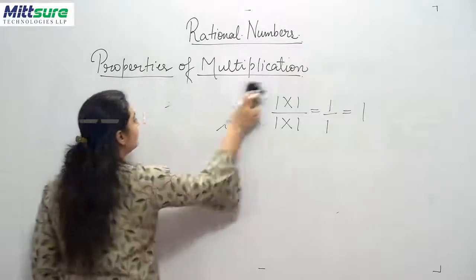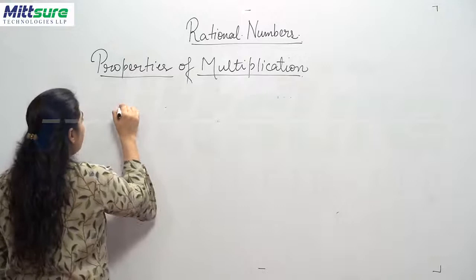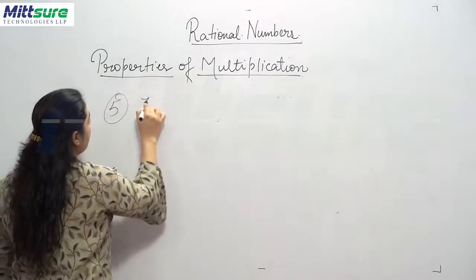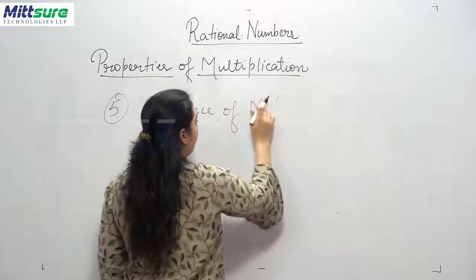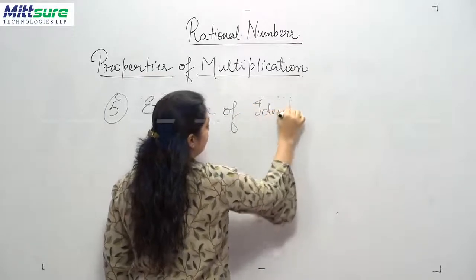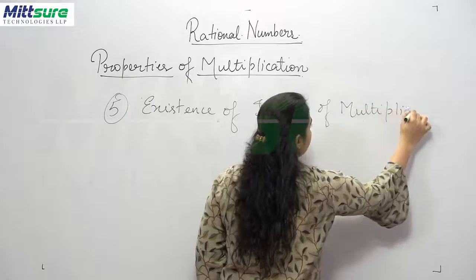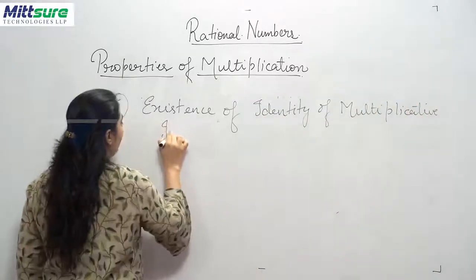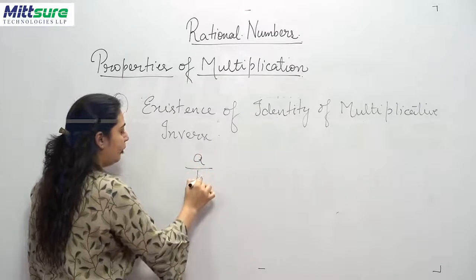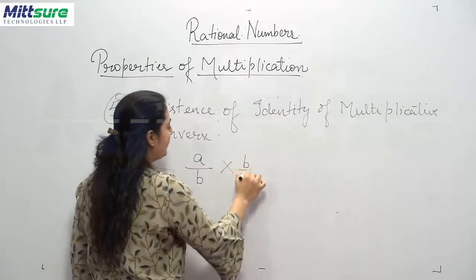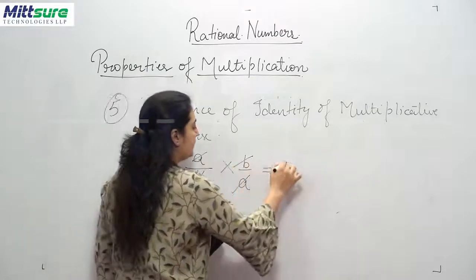So if it is asked to you what is the next property of rational numbers on multiplication, it talks about the existence of identity of multiplicative inverse, which says if suppose any rational number a upon b is multiplied by its reciprocal, that is b upon a, the product which you get as a result is always 1.